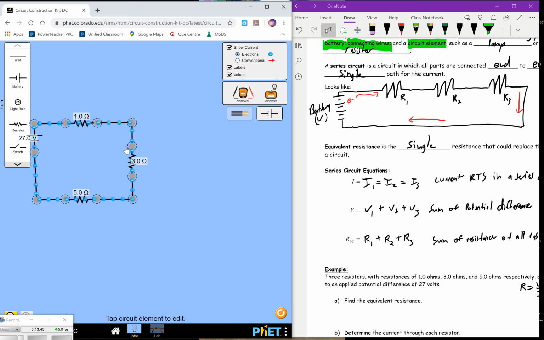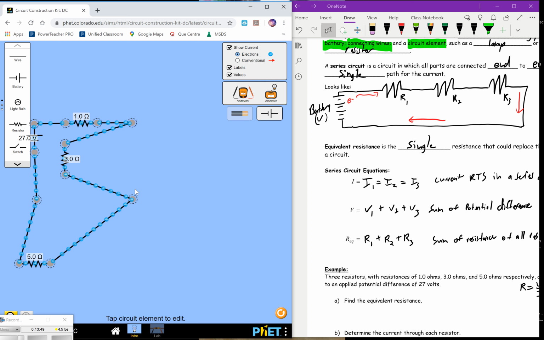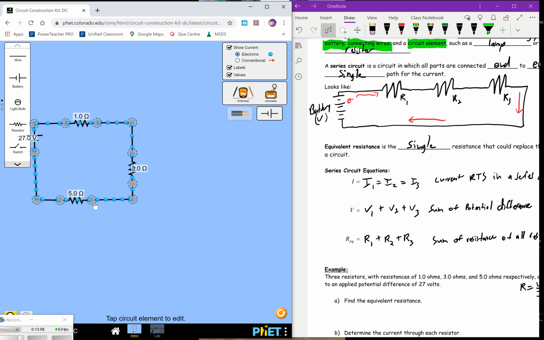We could put this thing here or here. It doesn't really matter because we still only see one path that our current is flowing through. So I'll leave it like this. Maybe I'll pull this battery in a little bit so we can see it better. So our battery there, and our current is flowing.